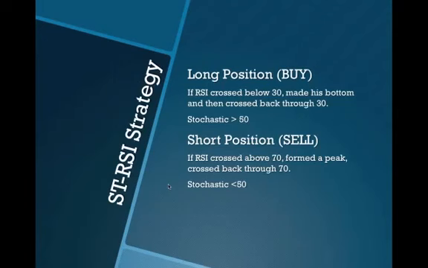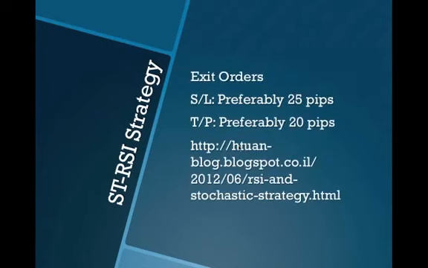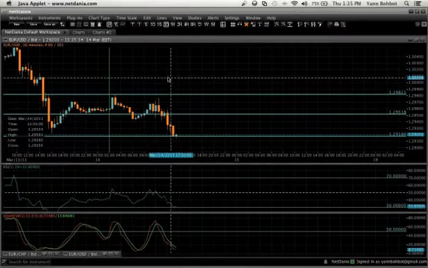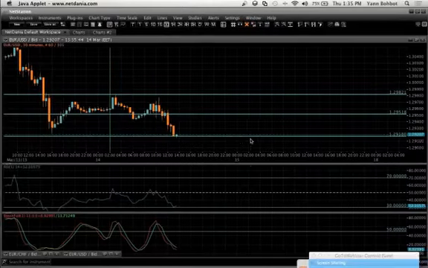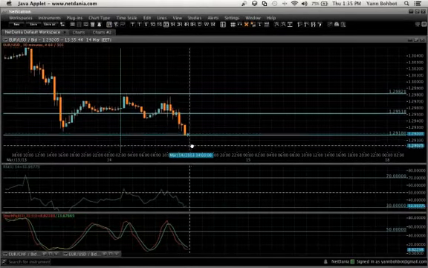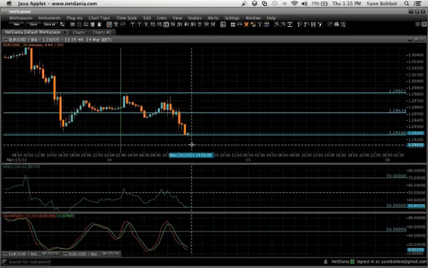So let's say we know that this is the RSI strategy. Now we need to know when to close our positions. I referred here to the strategy, basically the same strategy that I'm looking at.